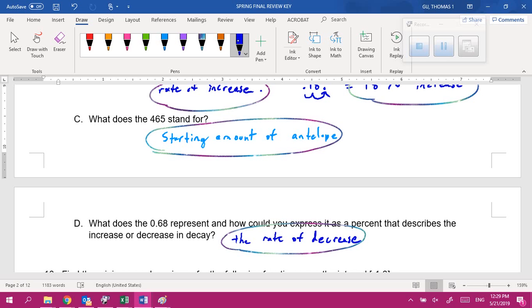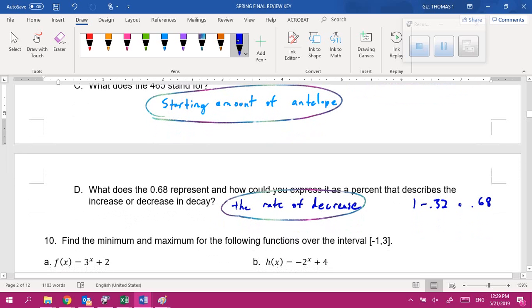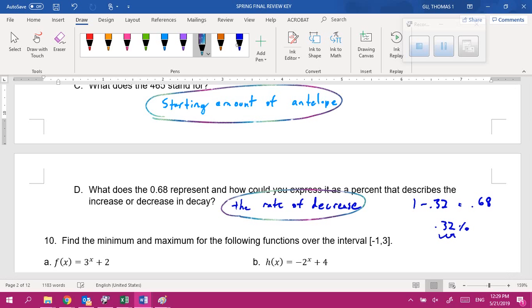So what did I add or subtract to get to 0.68? I subtracted 0.32. 1 minus 0.32 is 0.68. And how do I change 0.32 into a percentage? It's going to be 32%. So it's a 32% decrease, a 32% decay.